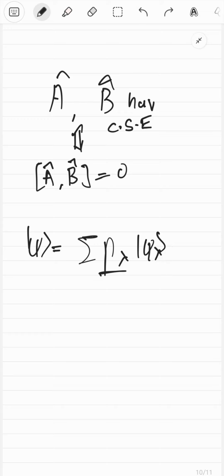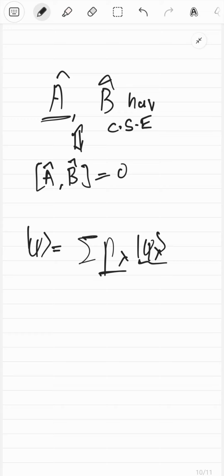So p lambda is just the probability of a having some value lambda. Let's say the corresponding eigenvalue for b is mu. Then p lambda squared is also the probability for b having the value mu. Moreover, both of these events happen at the same time, so this eigenvector represents a pair of values, one for a and one for b, and both are simultaneously going to happen.